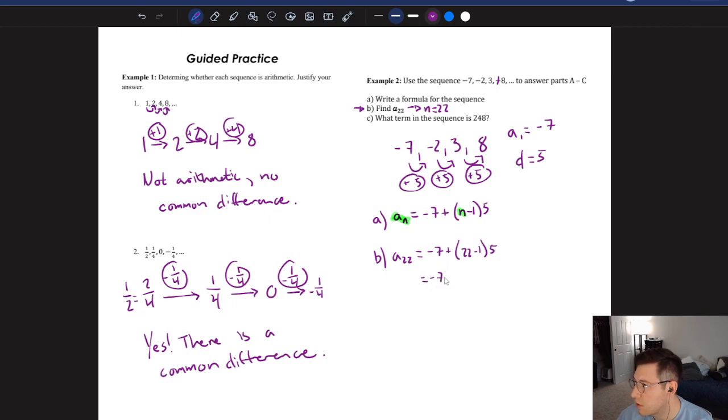Just working this out at this point is really just arithmetic. 21 times 5, well, it's going to be 105. And so I'm going to have negative 7 plus 105. And so a sub 22 is going to equal 98.